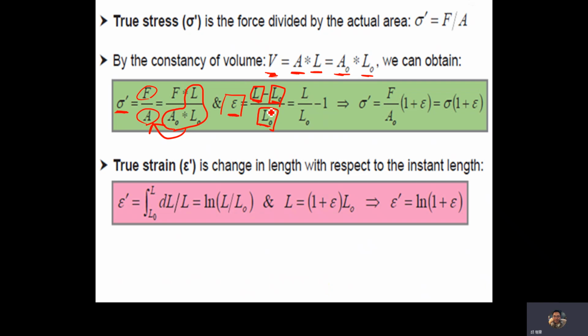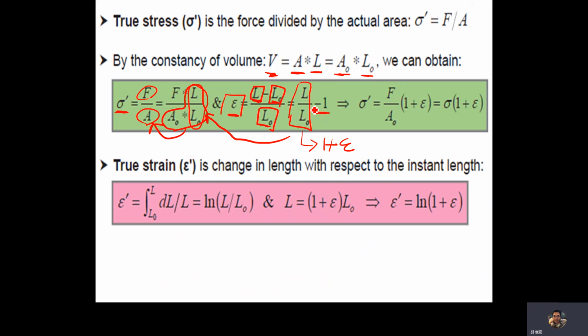Okay, and the strain equals L over L naught minus 1. This term can be plugged in right here, and this term equals what? 1 plus epsilon strain.